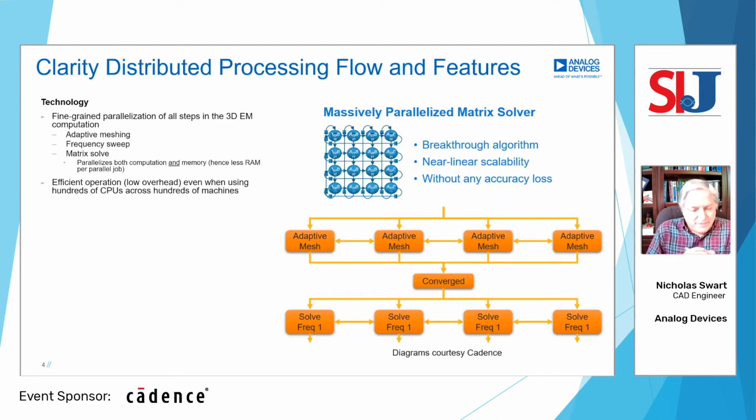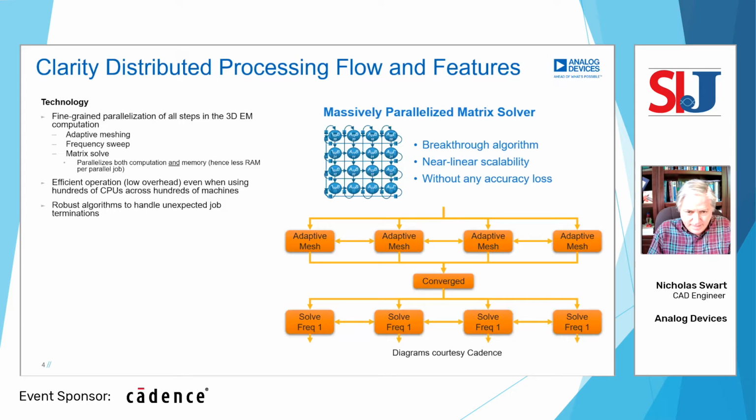It's also very efficient, so the overhead required to do the fine-grained parallelization is very small, based on what we've seen. And it's robust. If you are solving a very large electromagnetic problem and you distribute it over, say, several hundred compute nodes in a compute farm, and one of those jobs fails, you don't want the entire simulation to fail.